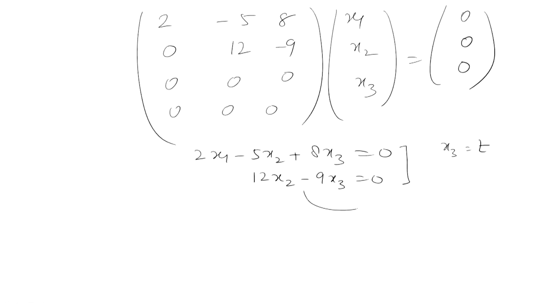So, let x3 equal to t. So, you can find x2. x2 will be simply 3 by 4 times t from here, and you can substitute x3 and x2 in this equation and find x1. Here t is any real number, an arbitrary value. So, in this way we can find out x1, x2 and x3.